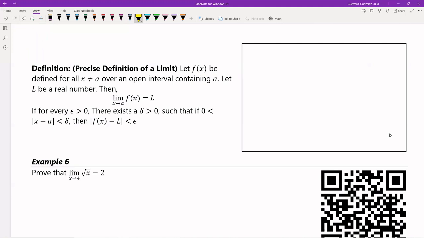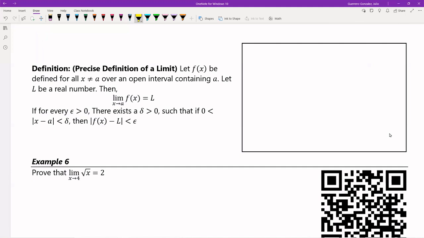So the precise definition of a limit, okay? Suppose you have f of x, and it's defined for all x values, but not at a, over an interval containing a, okay? And let L be a real number.